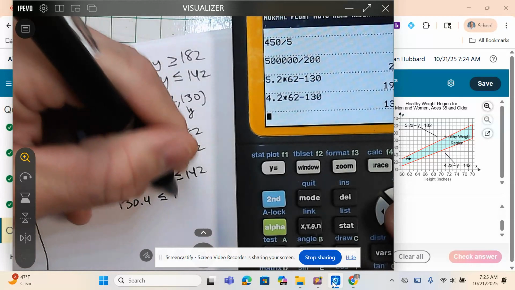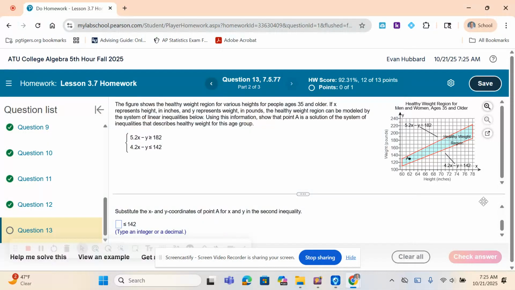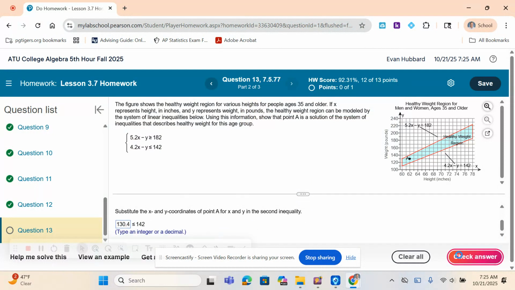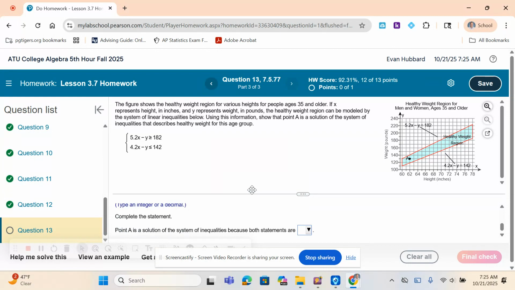Is that less than or equal to 142? That is. So it'll be 130.4. What's the third part going to ask? Point A is in the solution of the system of equations because both statements are true.